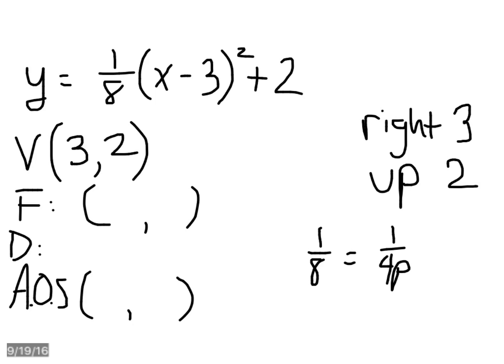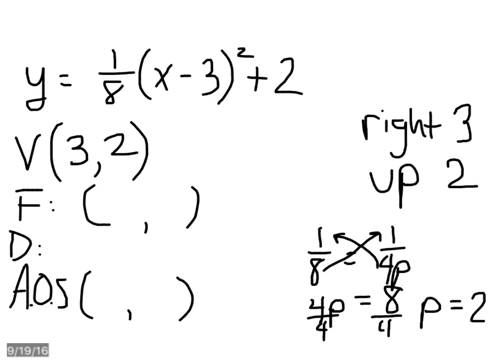How do you solve a proportion? Cross multiply. What's 1 times 4p? What's 1 times 8? And when I divide by 4 to both sides, what's 8 divided by 4? 2. 2 is my p. Again, you take this number and you set it equal to 1 over 4p, and you cross multiply and divide.